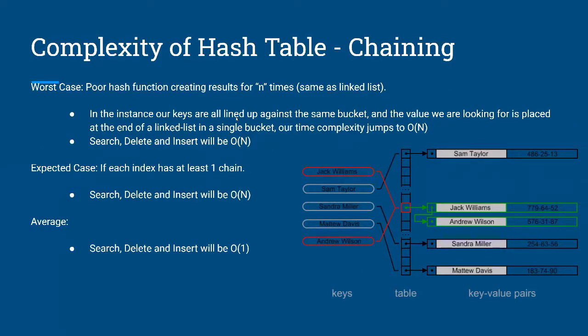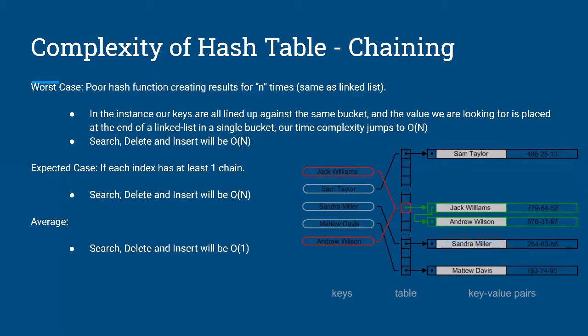The complexity of the hash table for the worst case will be O(n). So on the image here, let's say that all the locations are filled, and each location has a linked list of 100 nodes. If the name that we want is in the last node of any of the linked lists here, then it's going to take that many steps to go through to find it.